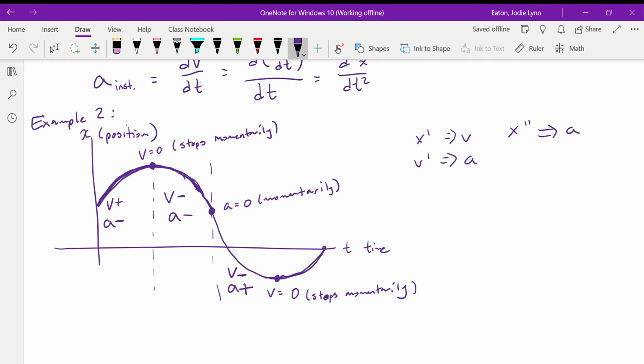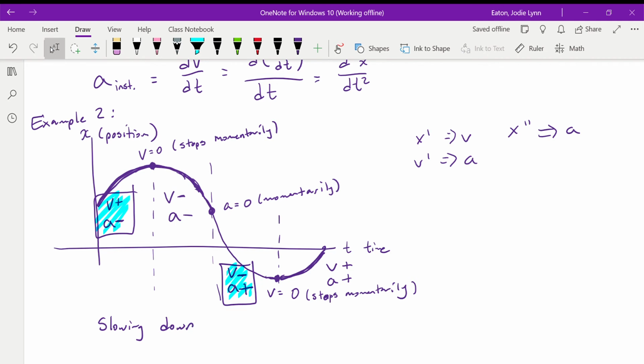Now we are going up, we're increasing, so that means velocity is positive. Here we are also concave up, so that means acceleration is positive, so that means we're speeding up again. So if you look here and here, these 2 situations mean we are slowing down.